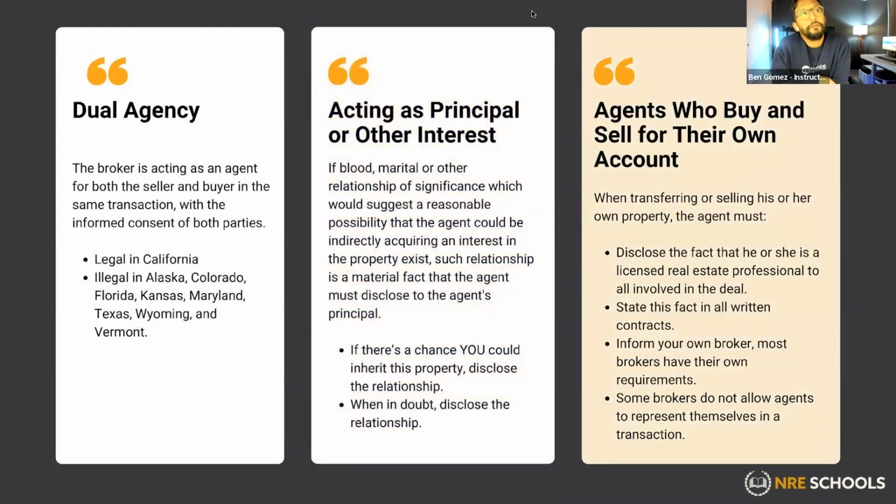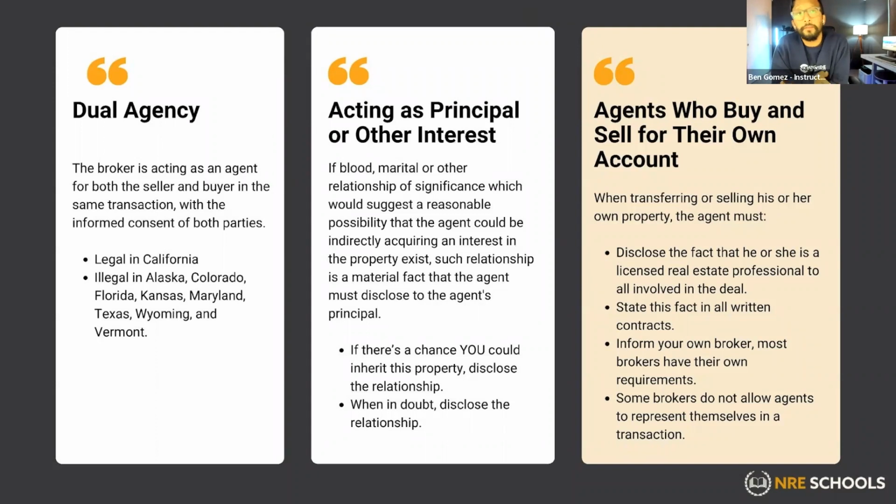An agent who buys and sells for their own account: if you are representing yourself, you do need to disclose that. You also need to disclose whether you're an active real estate agent. Maybe you're a real estate agent like my cousin, who has had his license for about 10 years but never actually done anything with it.